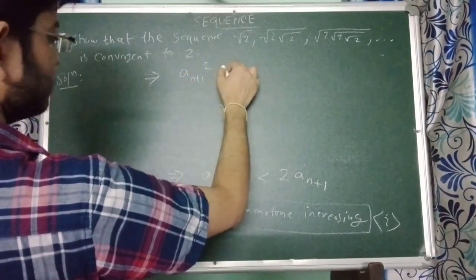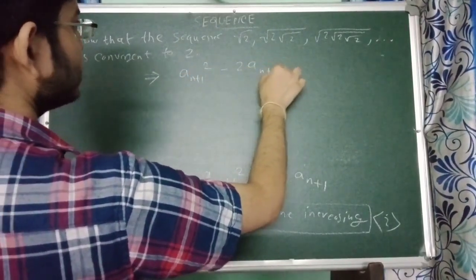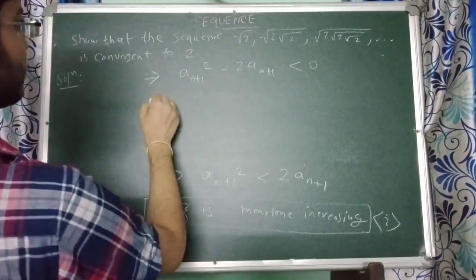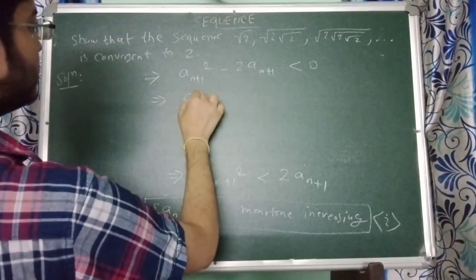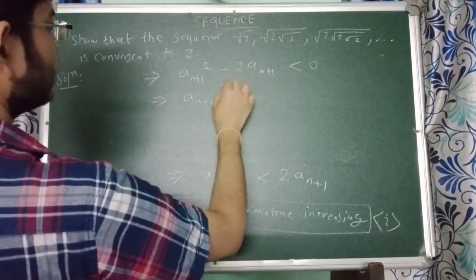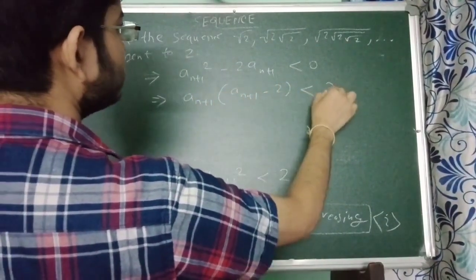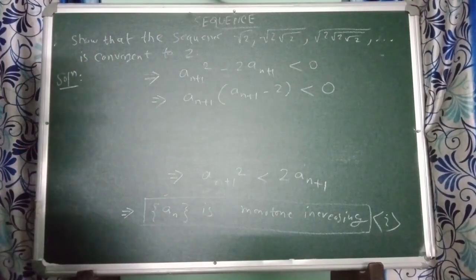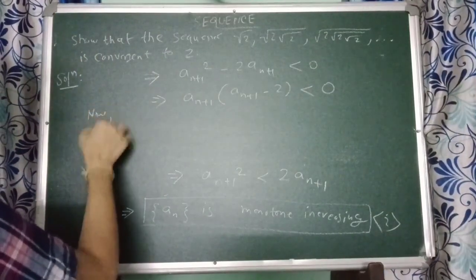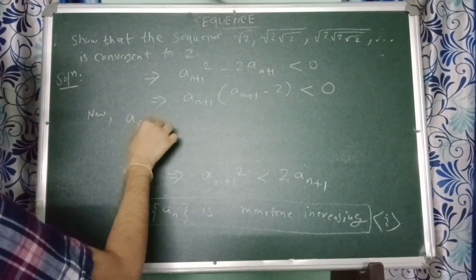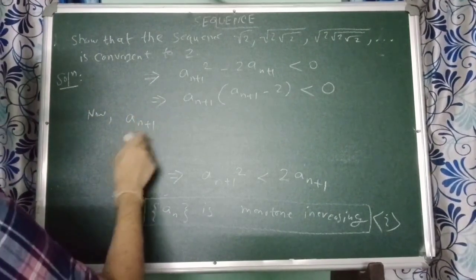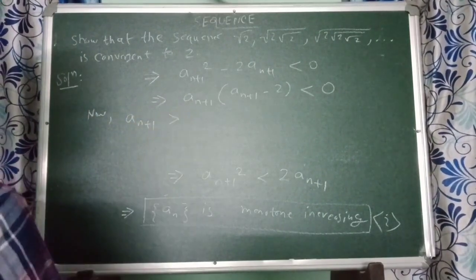So a_{n+1} squared minus 2a_{n+1} is less than 0. Taking a_{n+1} common, we have a_{n+1} times (a_{n+1} minus 2) is less than 0. Now a_{n+1} is a positive quantity.